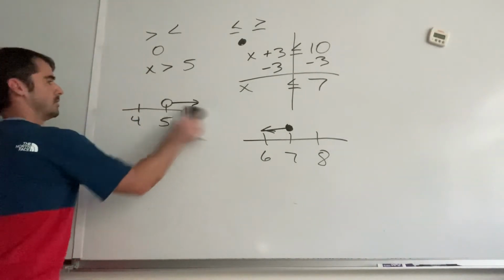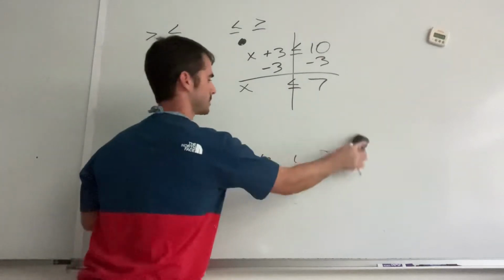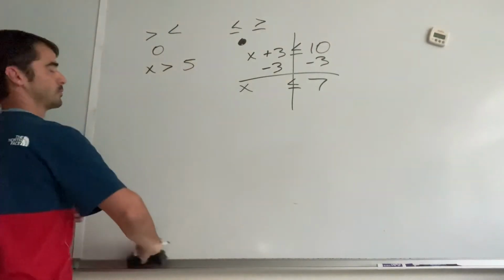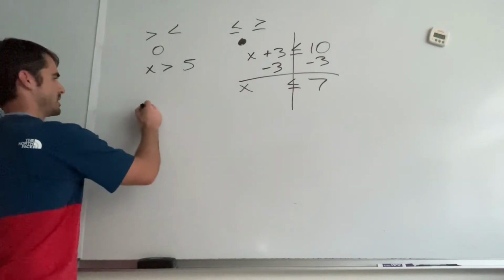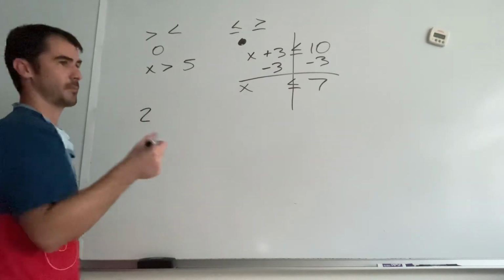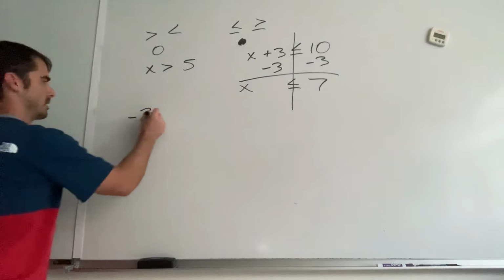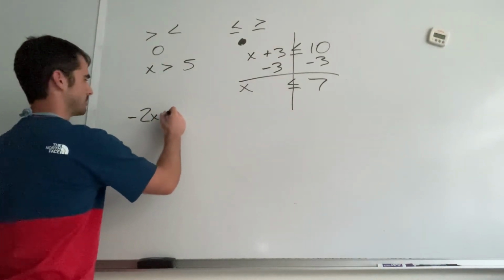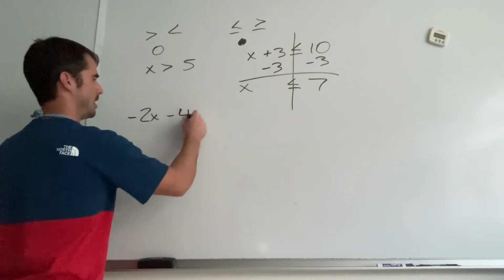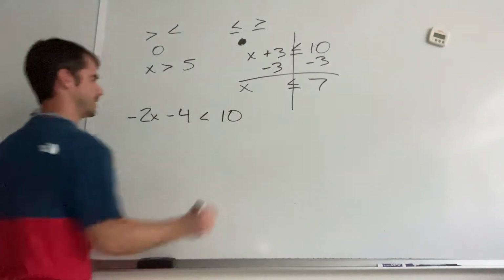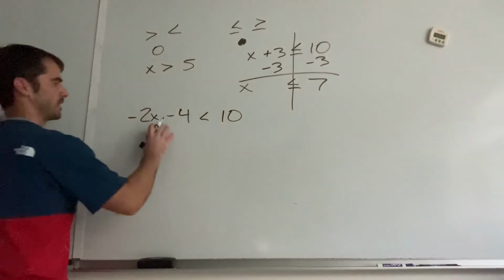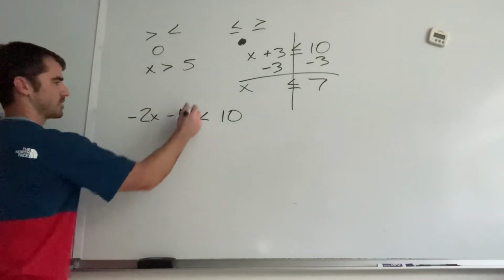All right, so let me give you one other rule. If we ever run into a situation like this, I'm going to do a two-step equation. This is now a two-step. All right, so I need to get rid of anything that's being added or subtracted first.